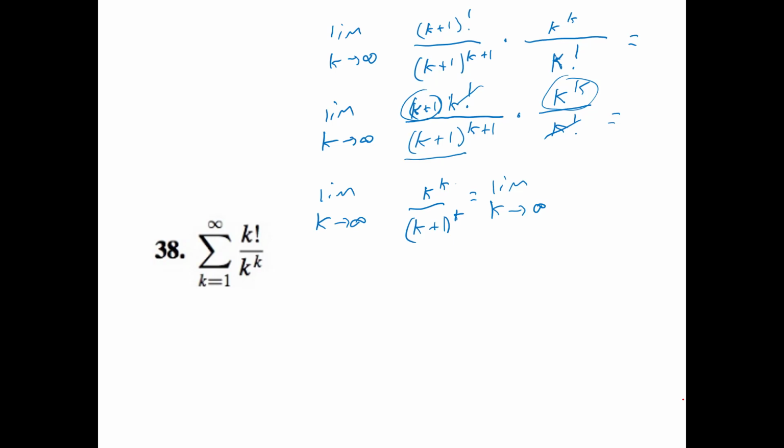Once we get to here, we can do the same thing we did last time. Take the limit as x. This time I'm remembering to change this to an x because we are going to use L'Hopital. And then we can write all of this as x over x plus 1 to the x.